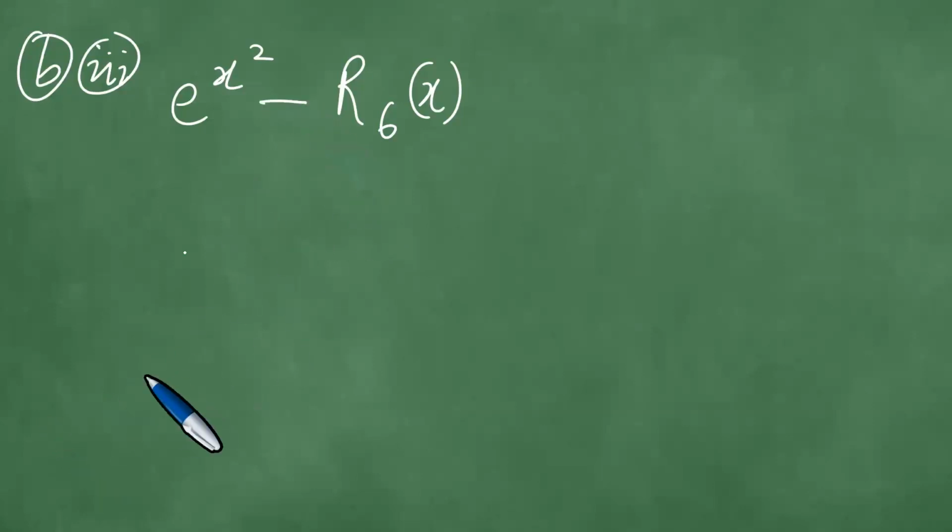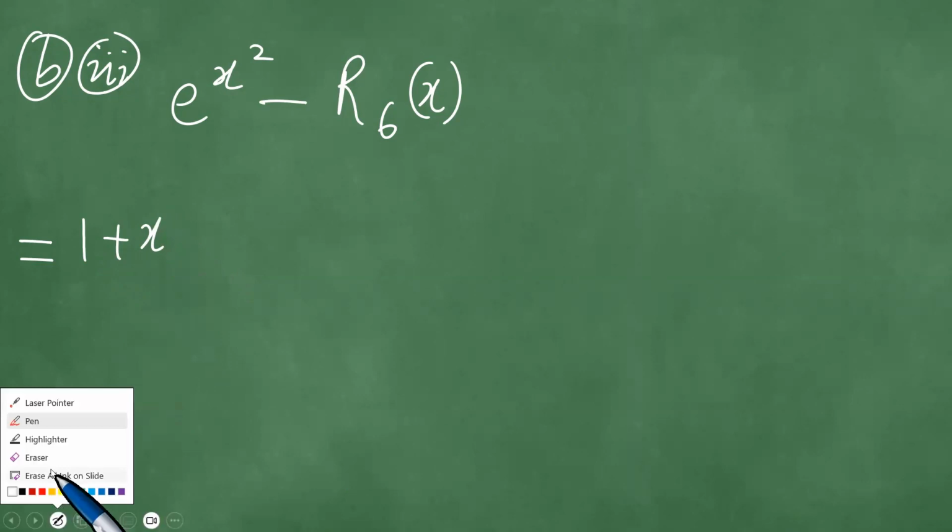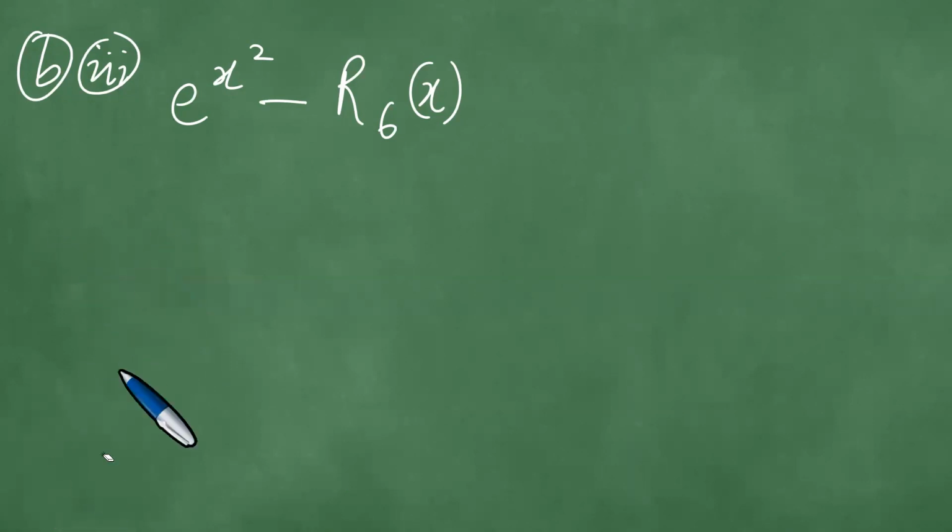And if we subtract that, what is the E? E to the x squared is 1 plus x squared.